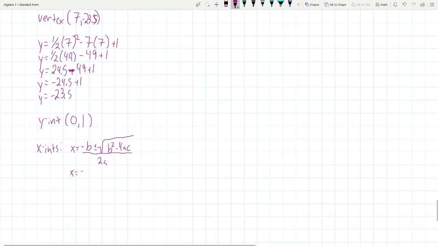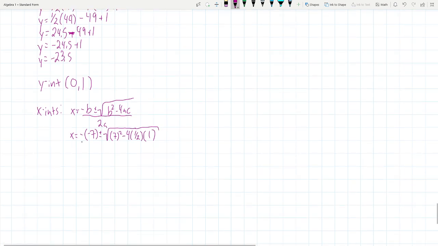So x equals negative, my b value was negative 7, plus or minus the square root of 7 squared minus 4 times 1/2 times 1, all divided by 2 times 1/2.